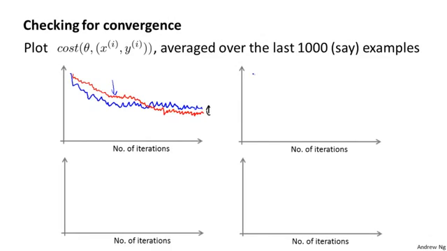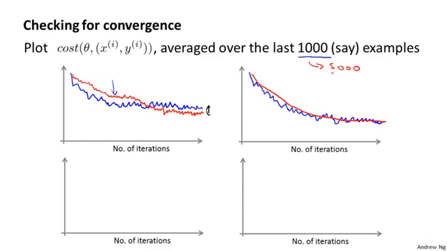Here are some other things that might happen. Let's say you run stochastic gradient descent and you average over 1,000 examples when plotting these costs. Here might be a result of another one of these plots, and again it looks like it's converged. If you were to increase this number 1,000 to averaging over 5,000 examples, then it's possible that you might get a smoother curve that looks more like this.